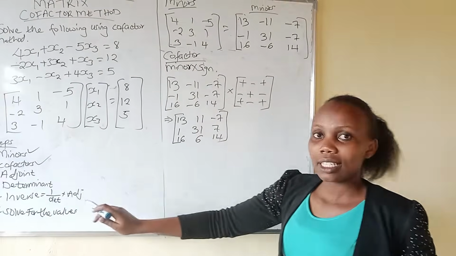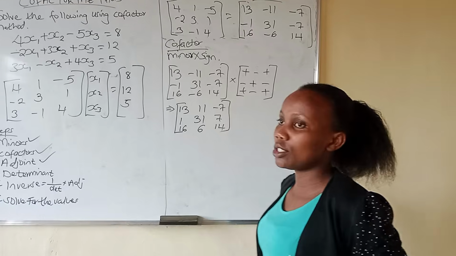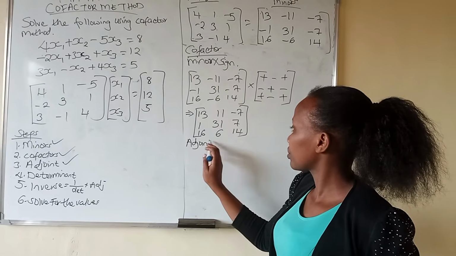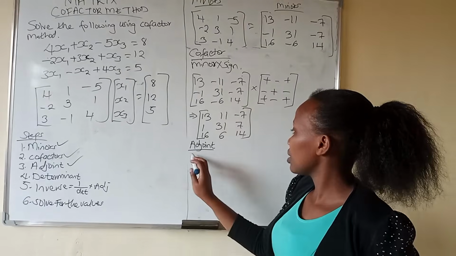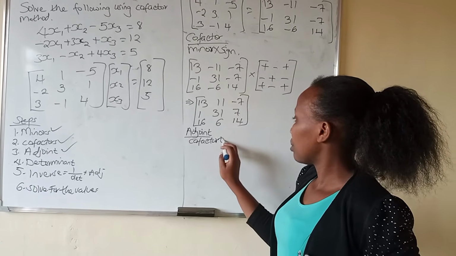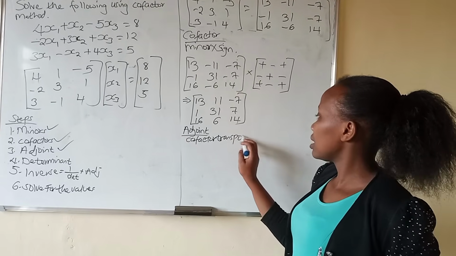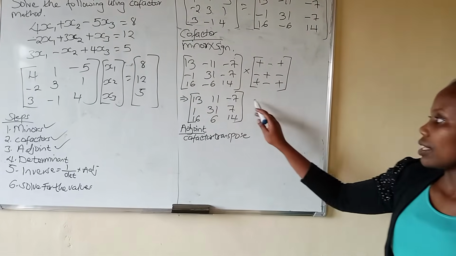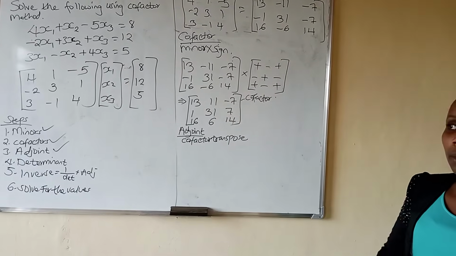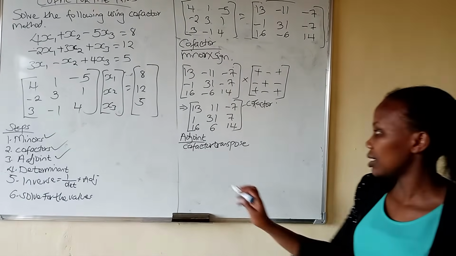Then from the cofactor, next you get the adjoint. The adjoint is usually the cofactor transpose. And by cofactor transpose, we mean that the rows in the cofactor will become the columns in the adjoint.